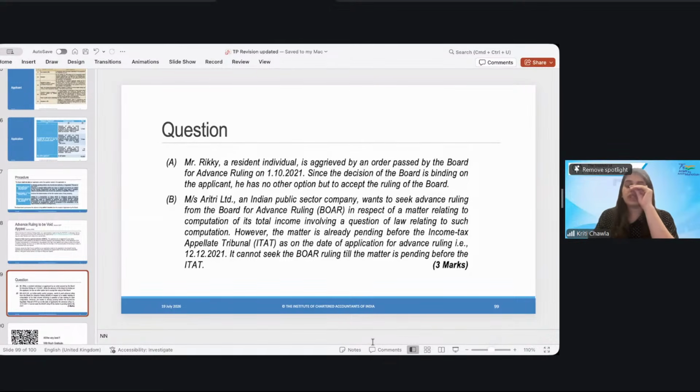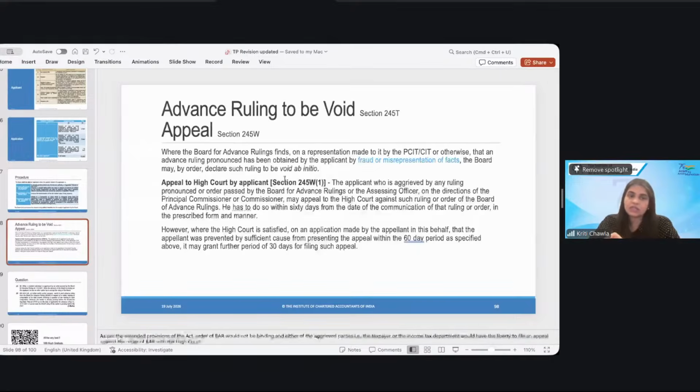Well, this is not correct. This is incorrect because now they can file an appeal to the High Court. So this is the amendment provision. The order of the BAR would not be binding on the taxpayer. They would have the liberty to file an appeal against the order of the BAR with the High Court.